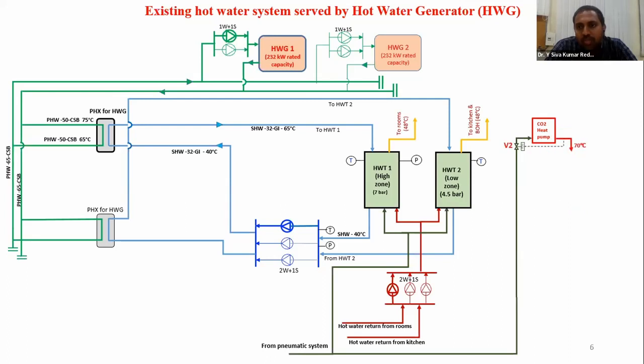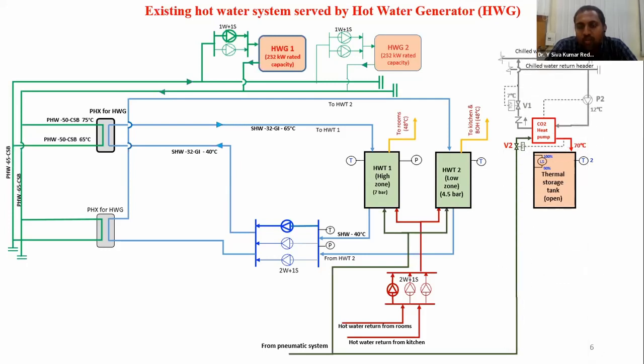That hot water will be supplied to the thermal storage tank. So we are supplying hot water at 70 degrees to the thermal storage tank, and whatever chilled water we get as a complementary output will be connected to the existing chilled water system, so that we can save the existing chiller load.